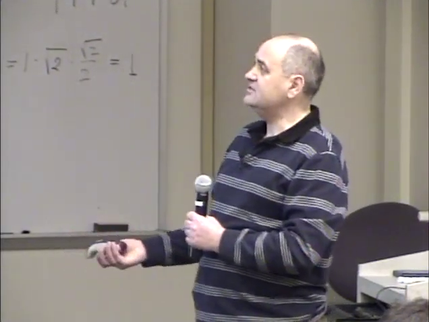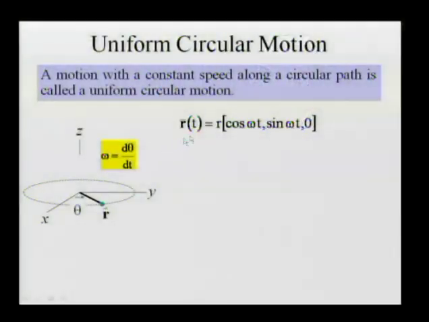So if I write down scalar components of the position vector, the first component is going to be r times cosine of that angle theta. I project it over here. The y component will be r times sine of this angle. I project the vector on the y-axis, and z is always going to be 0.